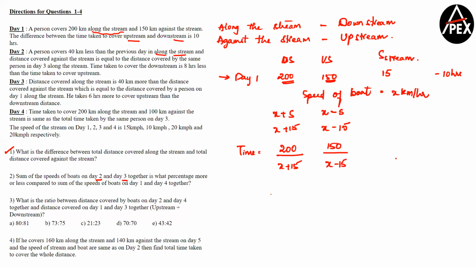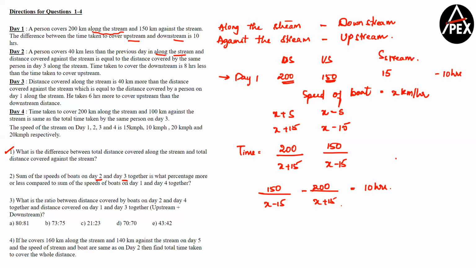It is given that the difference between the time taken to cover upstream and downstream is 10 hours. So 150 by x minus 15 minus 200 by x plus 15 is equal to 10 hours.